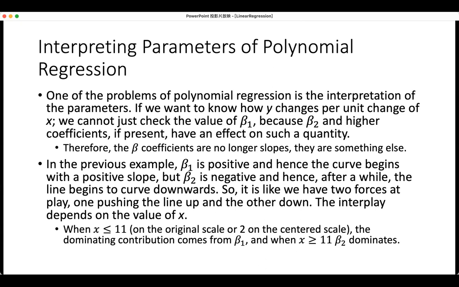That's pretty much just the slope, but now these beta coefficients are no longer slopes.